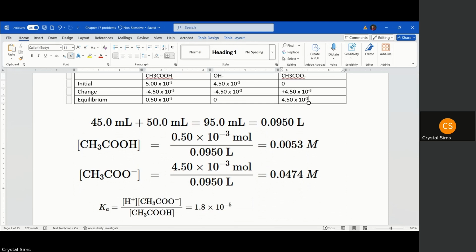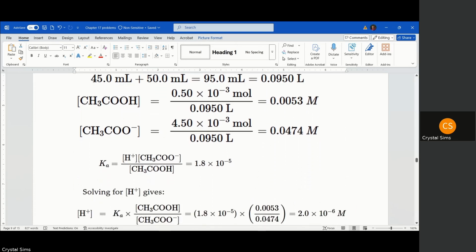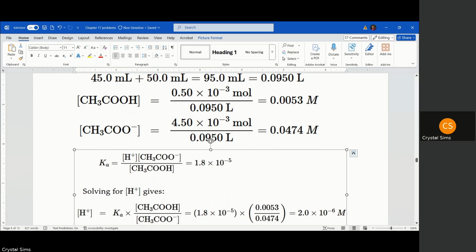Ka is 1.8 times 10 to the negative 5, and this is for our equilibrium expression, where we have acetic acid on the reactant side and the hydrogen ion and the acetate ion on the product side. Well, we need to figure out the hydrogen ion concentration. In order for us to determine pH, we need the hydrogen ion concentration.